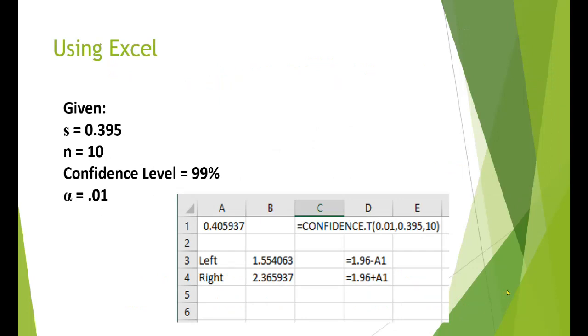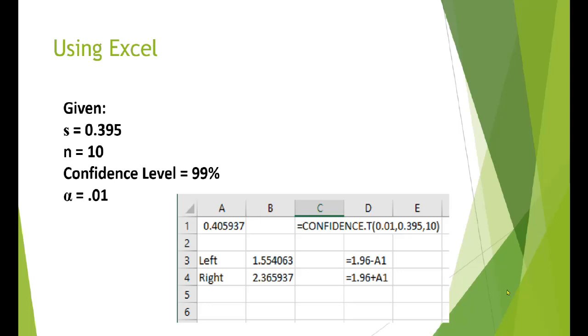Using Excel again, this time the function that we use is CONFIDENCE.T. Remember, it was CONFIDENCE.NORM if you know the value for sigma, CONFIDENCE.T if you do not know the value for sigma. And I'm going to put that formula in, which requires, again, 3 parameters.